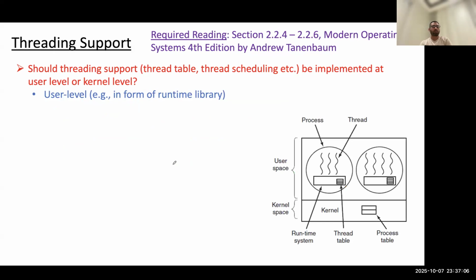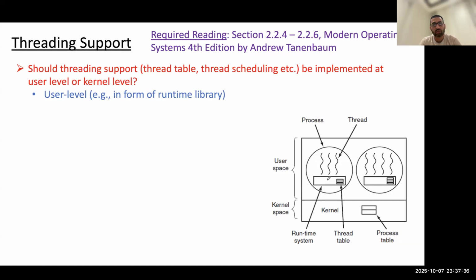Okay. So when you implement the support for multi-threading at the user level, this is how it looks conceptually. You have user space and the kernel space. In the user space, you have the user level processes, and each process here is indicated by this circle. Within each process, you have multiple threads, right? And then for each process, the runtime system will maintain a thread table.